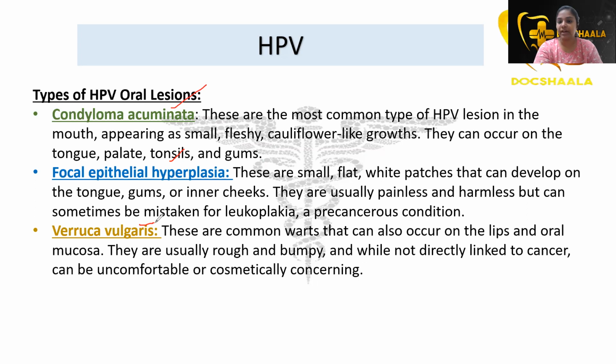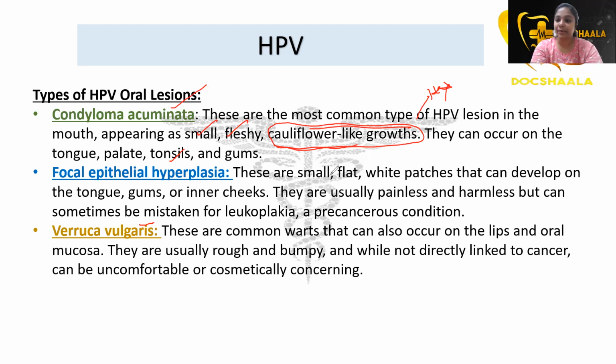Condyloma acuminata is the most common type in the mouth, appearing as small fleshy cauliflower-like growths. This is the important one: cauliflower-like growths with HPV infection are seen in condyloma acuminata. They occur on the tongue, palate, tonsils, and gums.